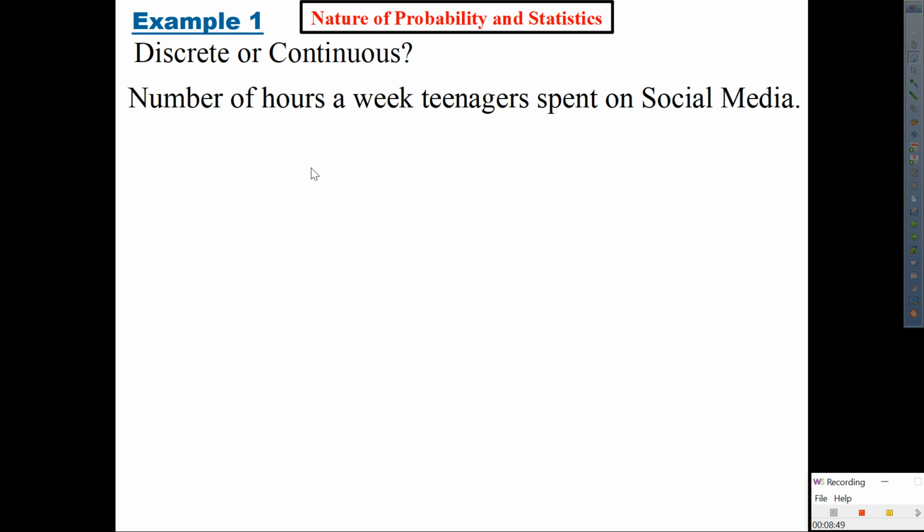Everybody got this one? All right, example 1Q. Check this out. Number of touchdowns Royce Freeman scored while attending Imperial High School. Talk to your neighbor, let them know what kind of variable this is.